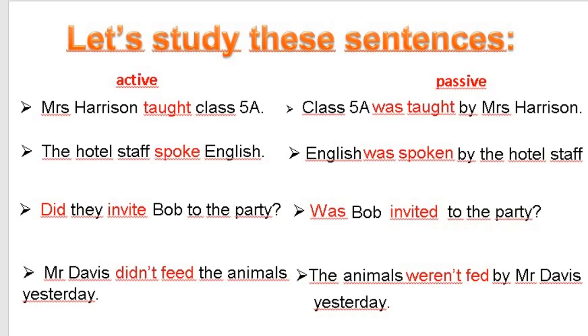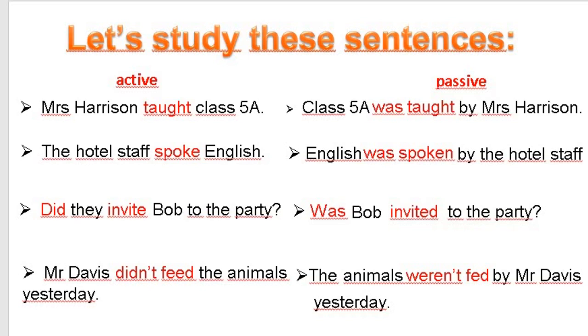So while making it passive, we have to use past simple passive, because past simple passive is normally used to talk about completed actions in the past. And to make statements with the past simple passive, we use was, were plus the past participle of the verb.